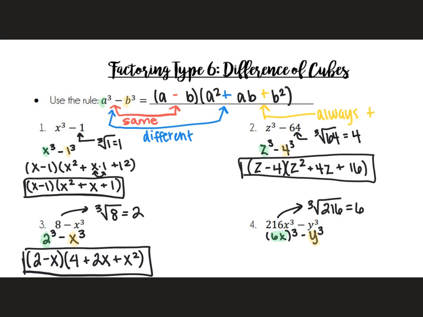And so using my formula, I have a, which is 6x, minus b, which is y. I have 6x squared, so I need to put that in parentheses, plus a times b, so 6xy, plus b squared, which is just y squared. So then last step, I just need to actually square 6x. So 6 squared is 36, x squared is x squared, and then I rewrite.